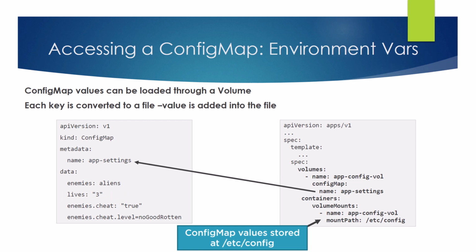What's unique here is if the config map changes at all, then the files that are referenced by the volume would automatically get updated, and then your code would have to detect those file changes. But assuming you did that, you could then kind of have live updates.